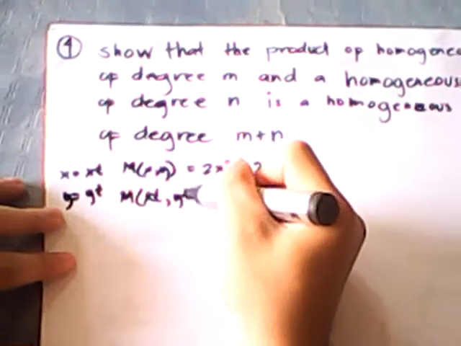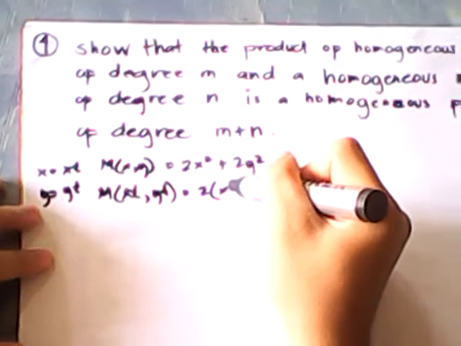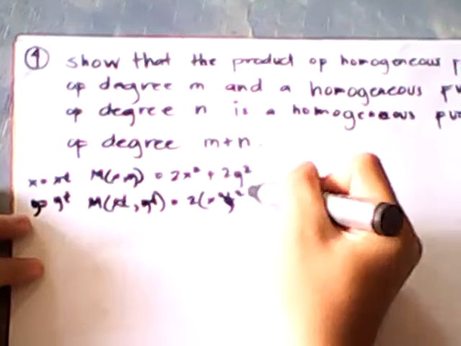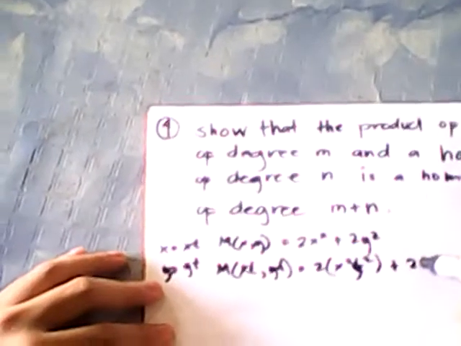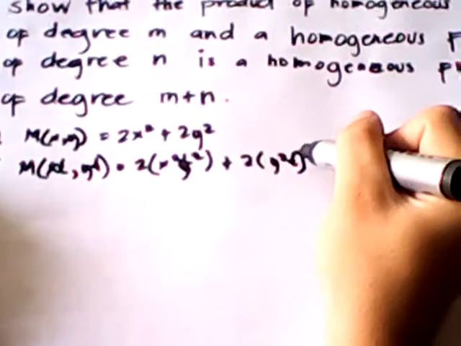So we'll get 2x squared t squared plus 2y squared t squared.